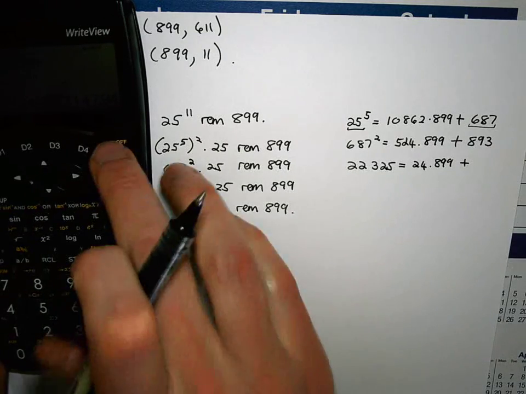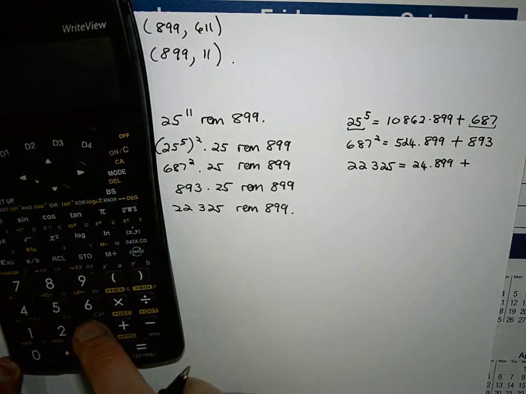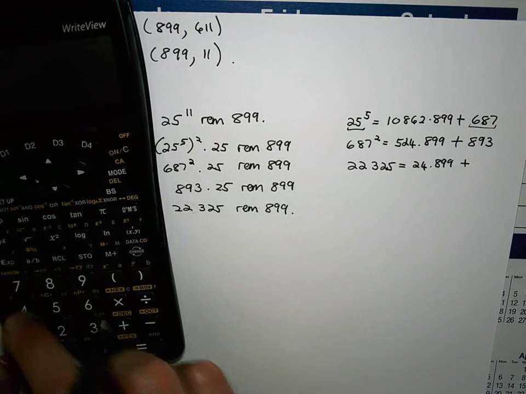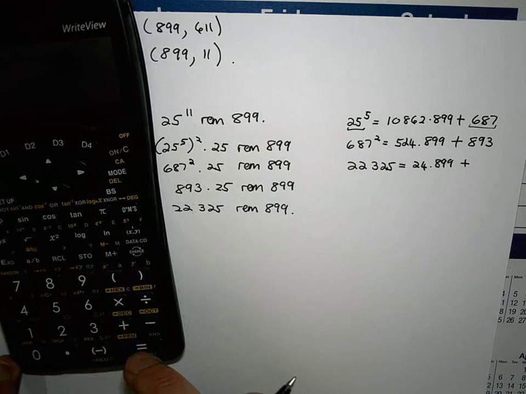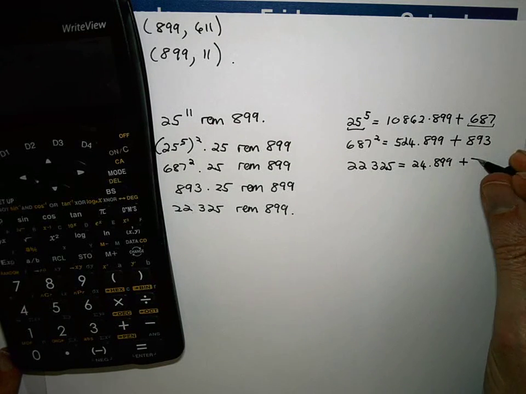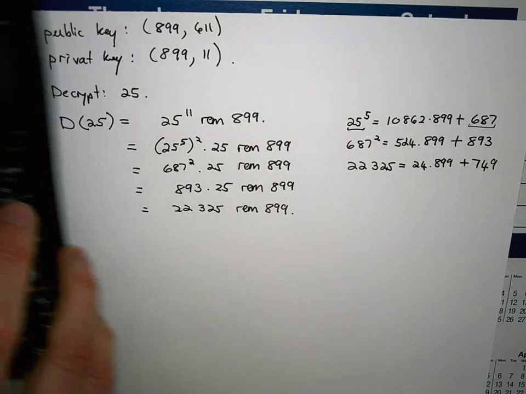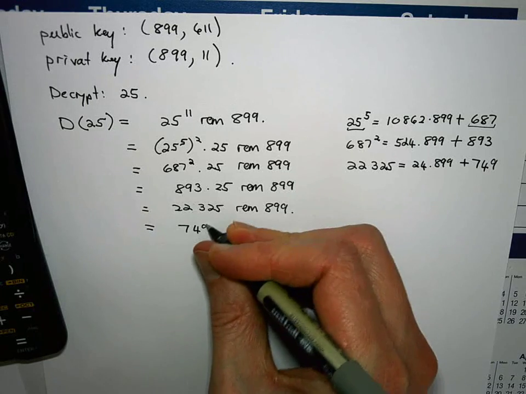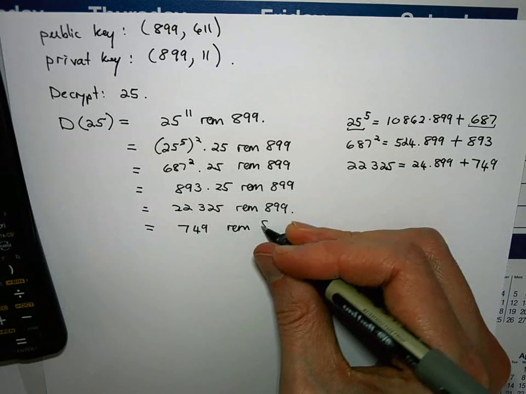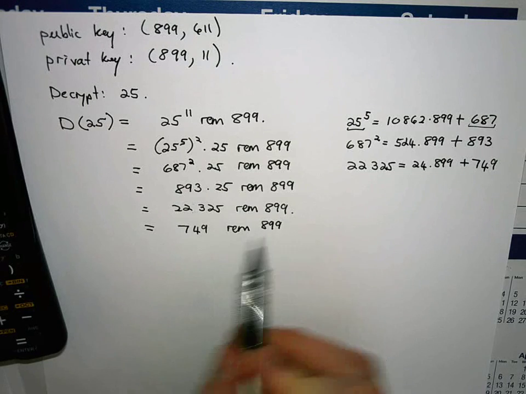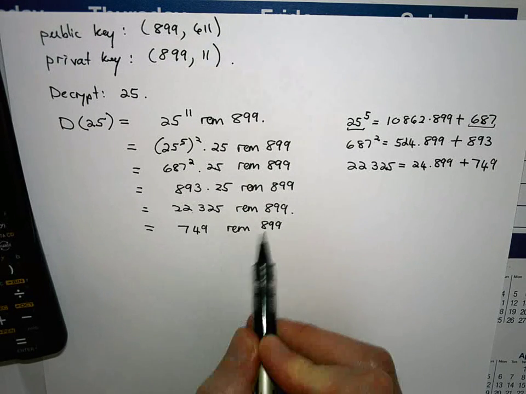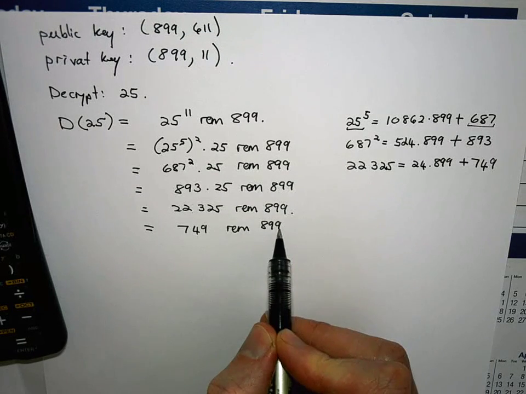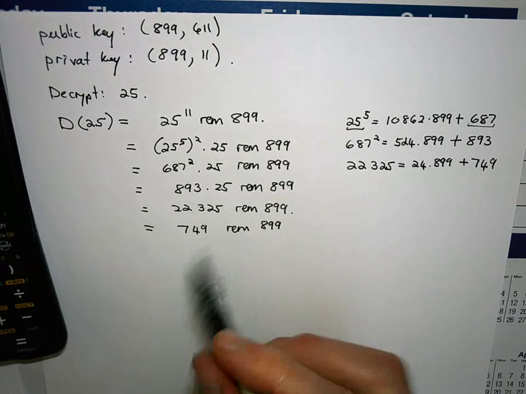What's the remainder? 22,325 minus 24 times 899 gives me 749. This is a non-negative number, strictly smaller than 899, so if I divide it by 899, all I'm going to get is the number itself back.